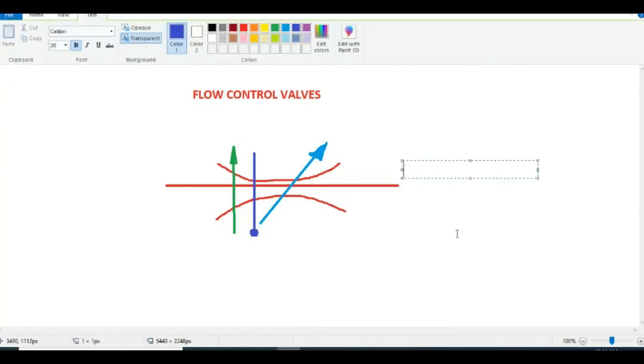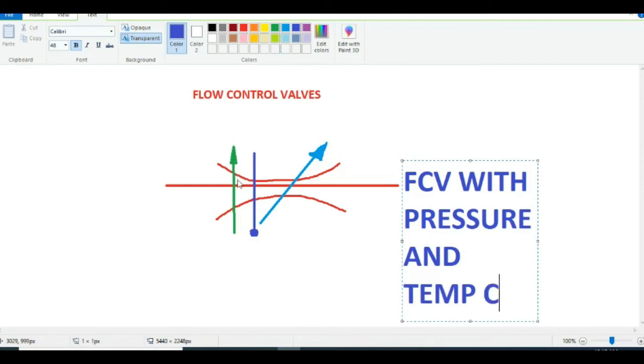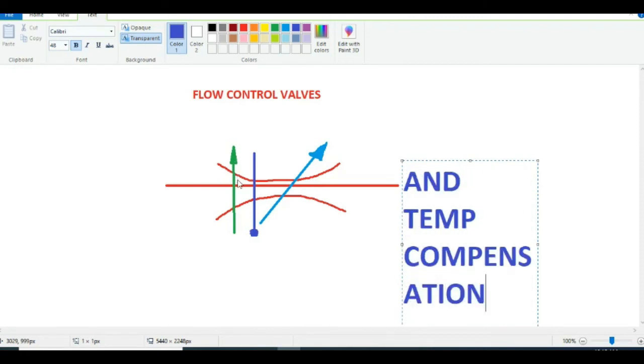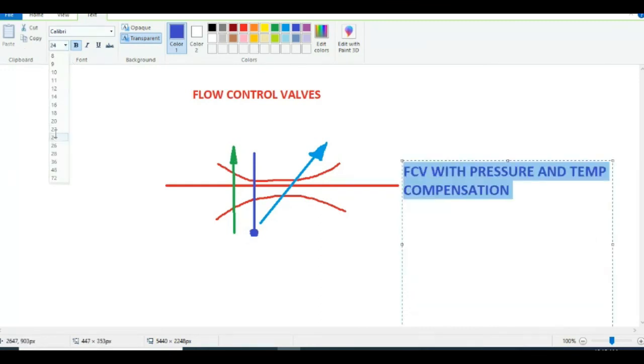So what is the full name of this flow control valve? Flow control valve with pressure and temperature compensation.